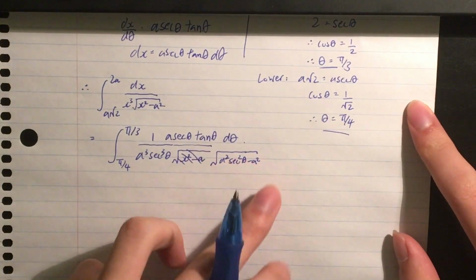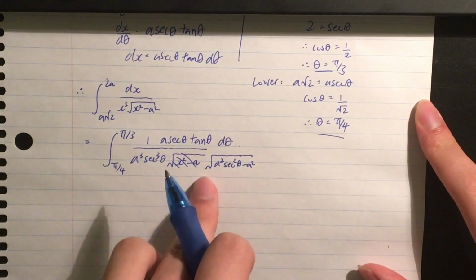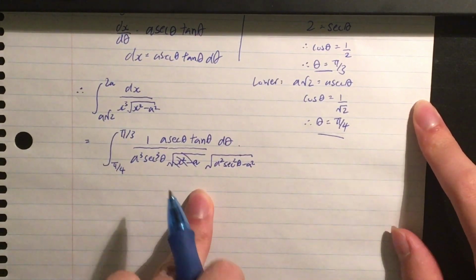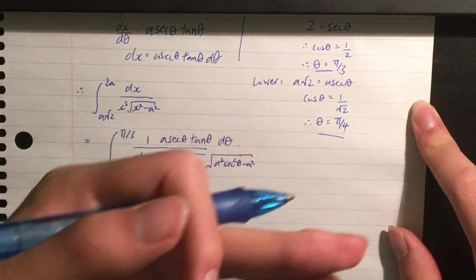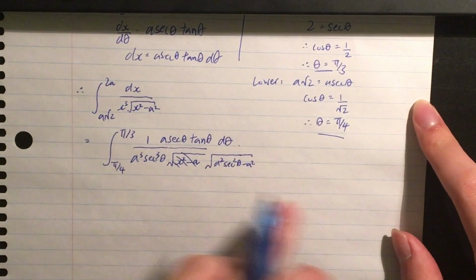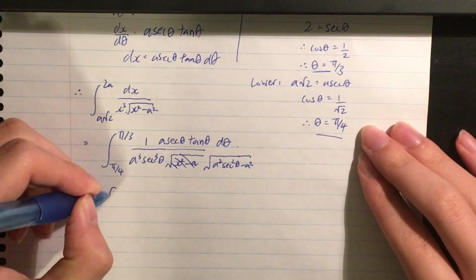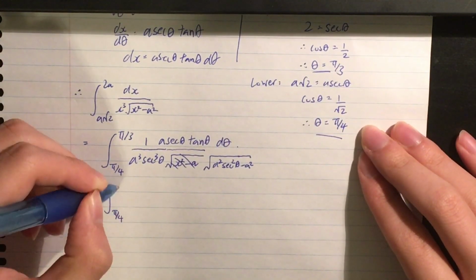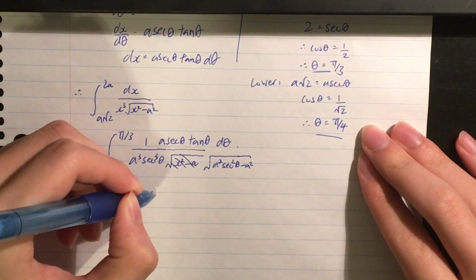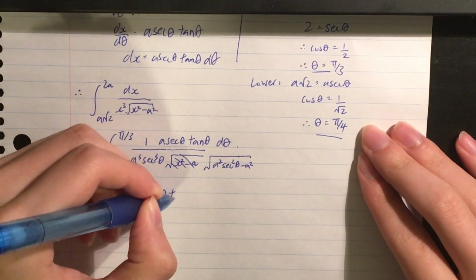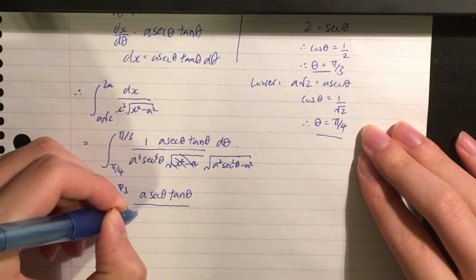Now, this we can use our trig identities. So we can let the a come out of the square root, and secant squared minus 1 is just tangent squared. But we take the square root, so it's actually tangent. So we do the integral from pi over 4 to pi over 3 of a secant theta tangent theta over a.